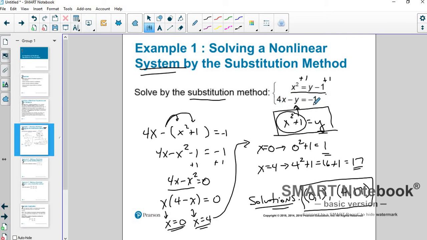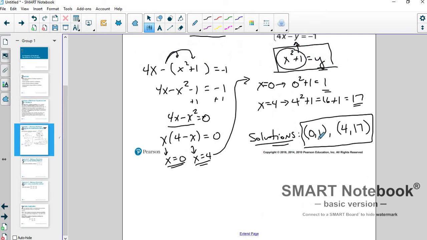This is a straight line, and so that line would be cutting through and hitting the parabola in 2 points. Sketch it on your calculator if you want to double check and make sure that that makes sense. But that's what we have in this case, and so that's the process.